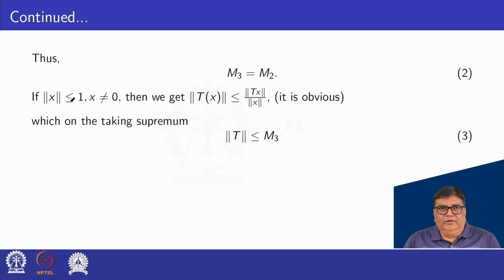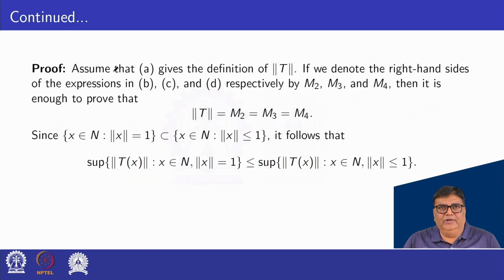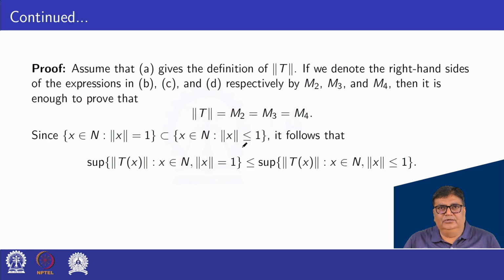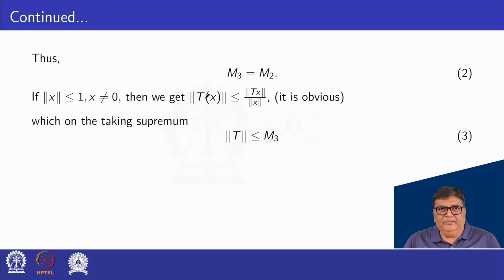With this condition, this is the defined norm T, because we considered condition A as norm T, defined with norm x less than or equal to 1. So this supremum can be written as norm T, and the supremum of norm Tx upon norm x, by assumption, can be written as M3. Equation third.